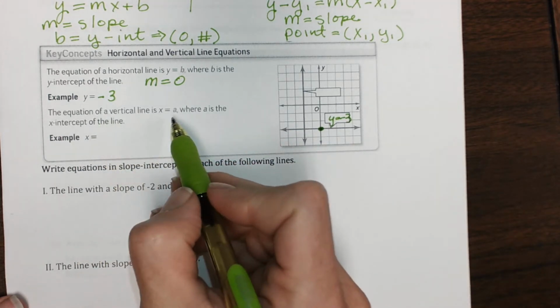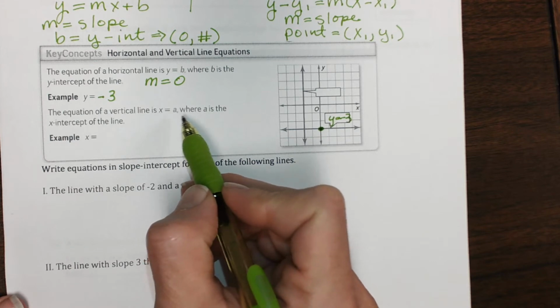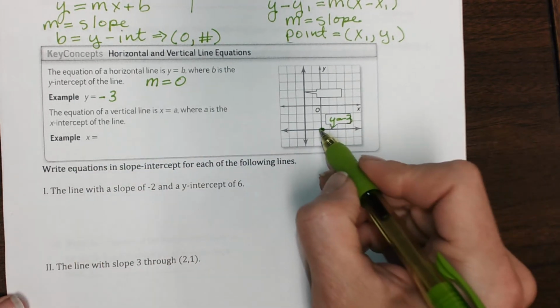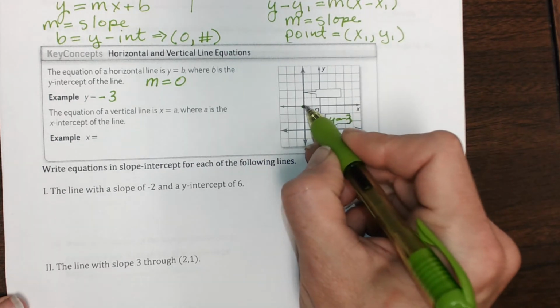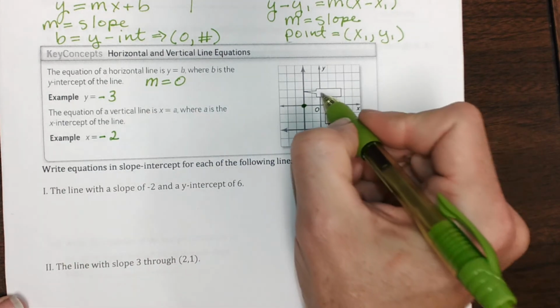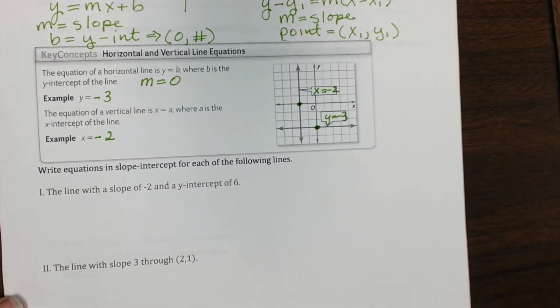Then vertical lines are always in the form x is equal to a, where a is the x-intercept of the line. So over here, I can see my x-intercept is at -2, so it's x is equal to -2. Or I can write it over here, x is equal to -2. Sorry, that box is kind of low.